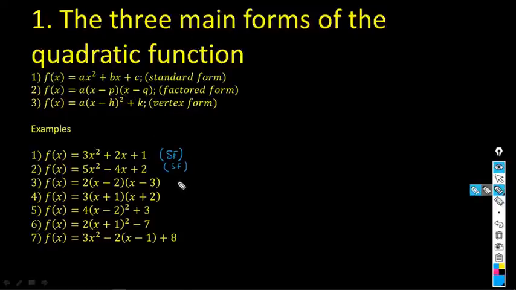Variable by variable, coefficient by coefficient, sign by sign, number, number, and then a binomial in the form x minus some number, which is what we have here. And then another binomial in the same form, x minus another number. So this is given in the factor form.